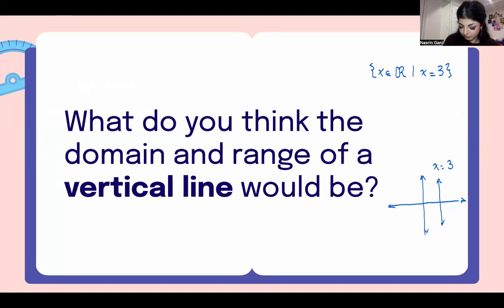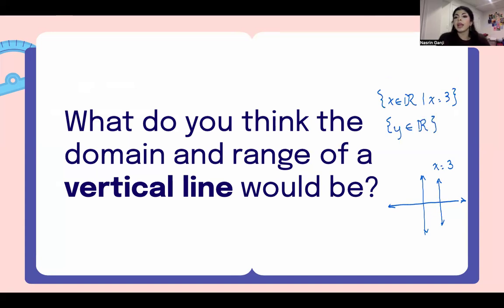And for our range, y will be the set of all real numbers, and we don't have any restriction here. Y can be the set of all the real numbers, but x will always be 3.